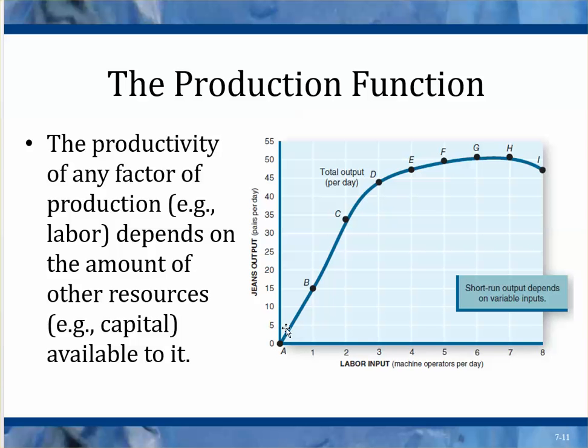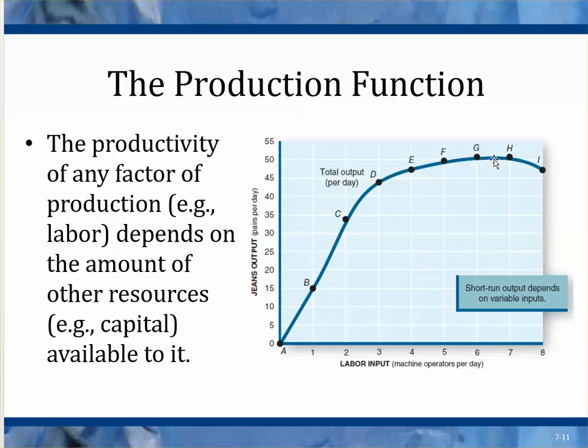The vertical axis is the output, the horizontal axis is the labor input. As we increase the labor from 0 to 2, the increase of the output is very sharp. And when we increase labor to 3, the increase starts to get slower and slower.